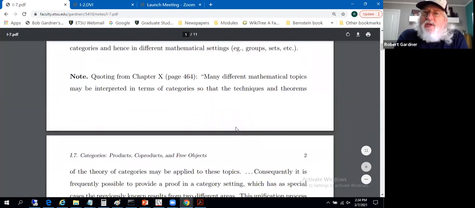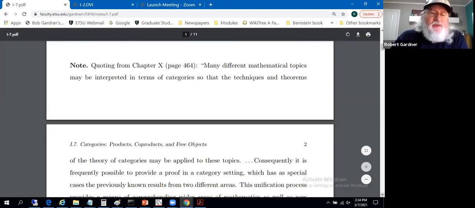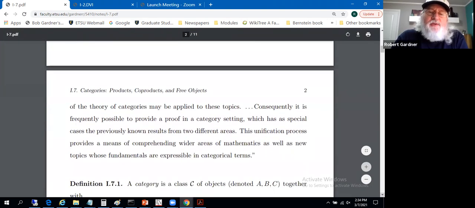Jumping to chapter 10, just to get a motivational paragraph from Hungerford, more to elaborate on what we just said. Quoting Hungerford, chapter 10, page 464. Many different mathematical objects may be interpreted in terms of categories, so that the techniques and theorems of the theory of categories may be applied to these objects.